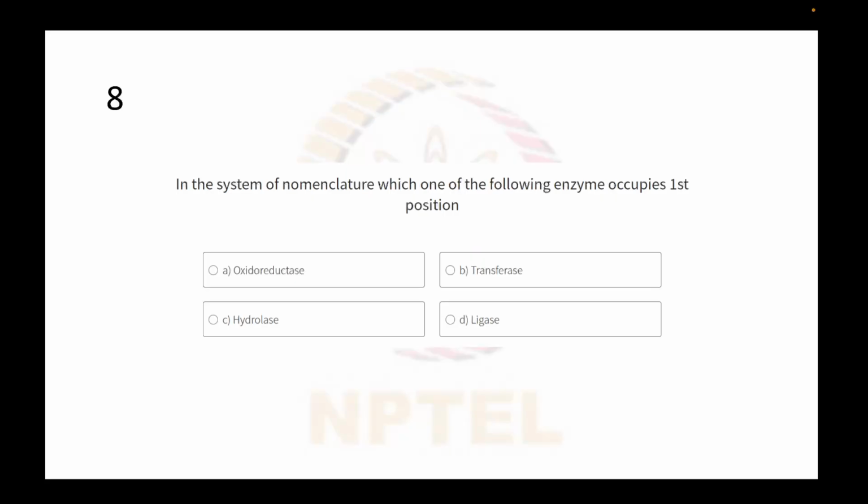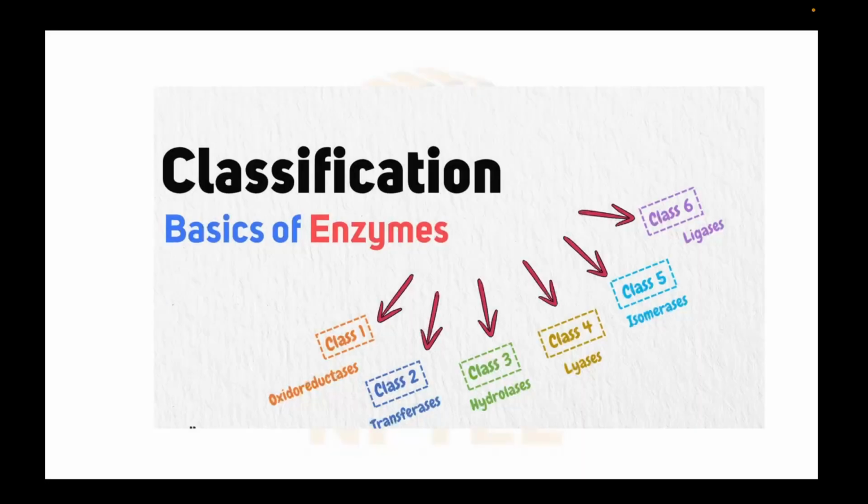So first we have oxidoreductases. They function in catalysis of oxidation reduction reactions where electrons are transferred between molecules. So these oxidoreductases commonly involve NAD+, NADP+, and FAD as electron acceptors.